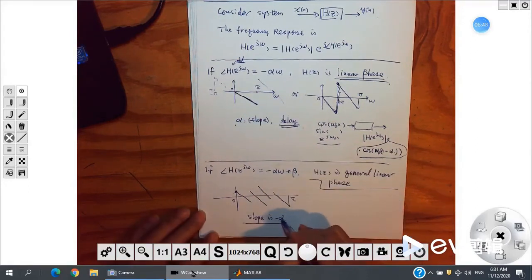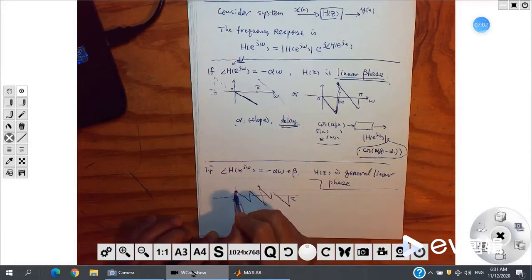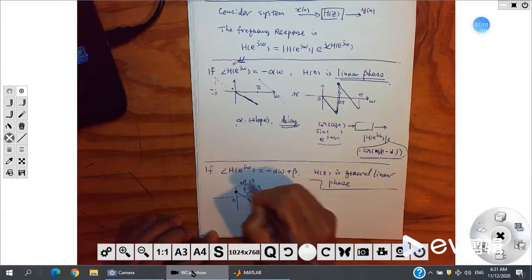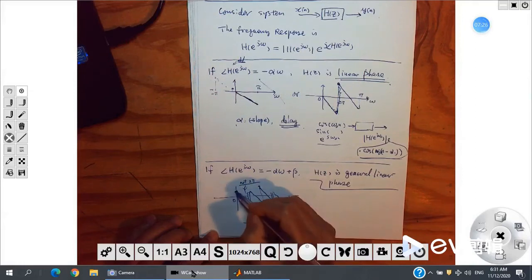But it is not one straight line; there are several straight lines. And the start point is maybe still 0, but maybe not. And the distance here is not 2 pi. If it were 2 pi, these two lines should be combined together. Maybe you still have some gaps of 2 pi, but at least some are not 2 pi, or here it does not cross 0.